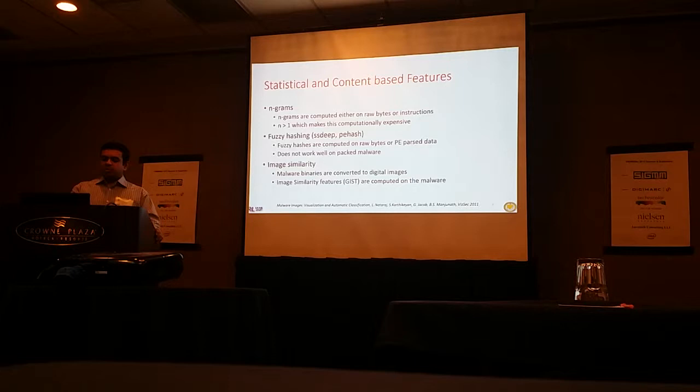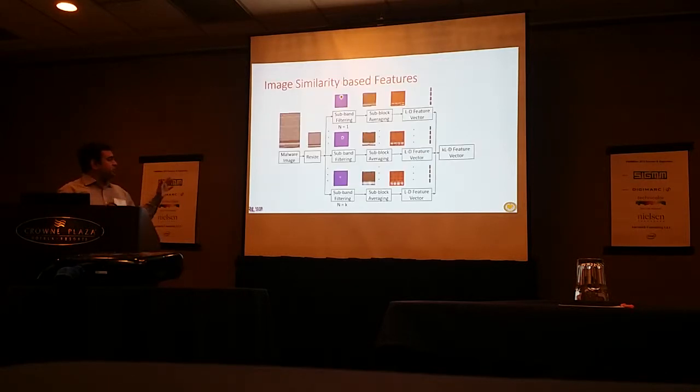The method on image similarity is based on my previous work, which you would have seen at the RUM session. The malware binaries are converted into digital images, and image similarity features, if you're familiar with GIST features, are computed to form the malware signatures. This is an example of how an image similarity feature is computed.